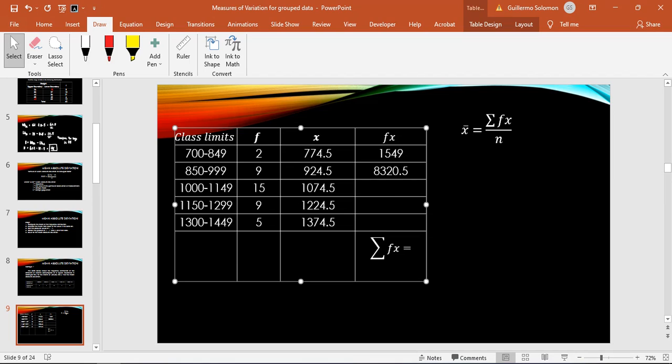Okay, so 15 times 1,074.5, that is 16,117.5, and 9 multiplied by 1,224.5, that is 11,020.5.